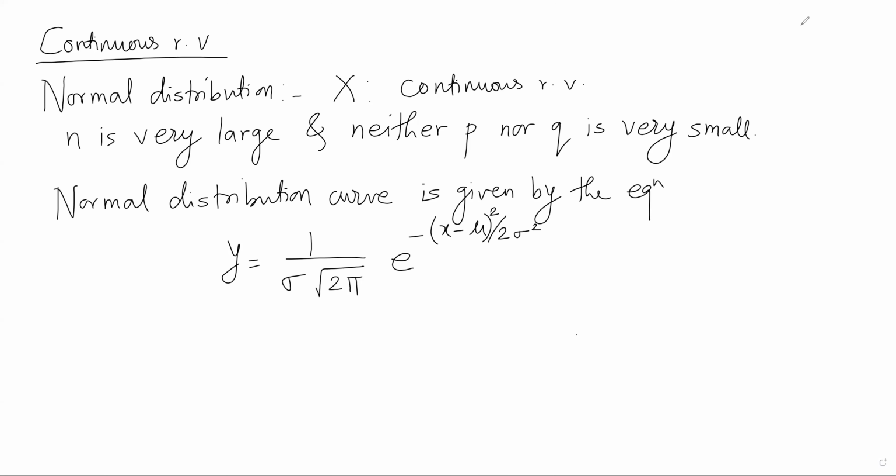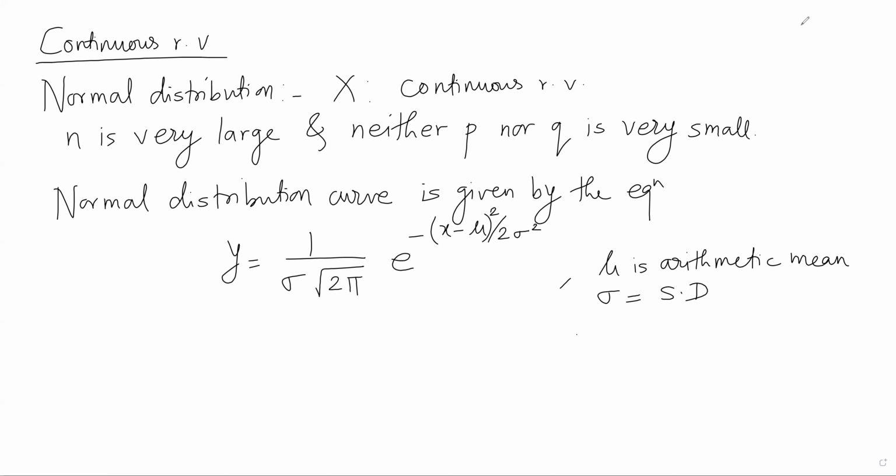You can see that here mu is the mean, the arithmetic mean, and sigma is the standard deviation. It is a distribution curve given by such a nice function.